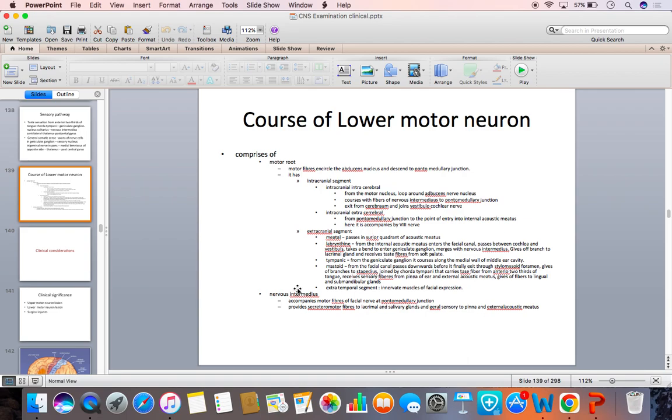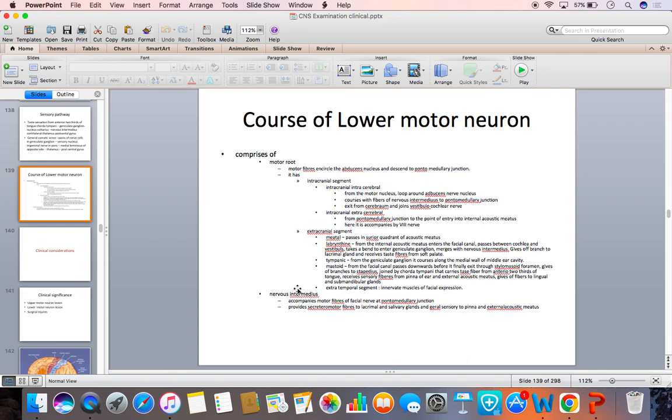You will see clinical manifestations depending upon the extent of the infarct secondary to ischemia. So this is the intrapontine segment of the intracranial part of the facial nerve.